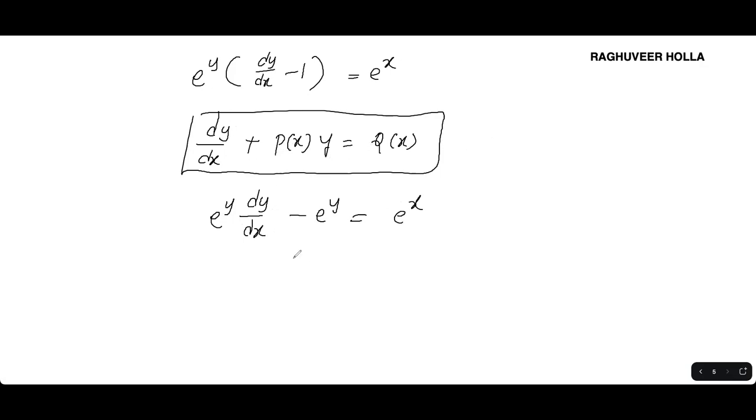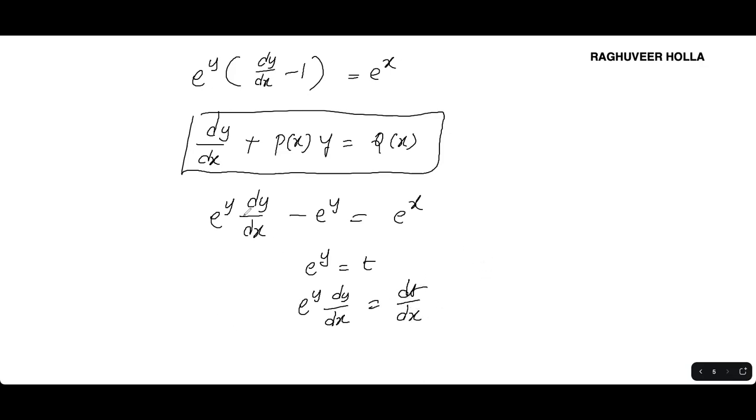So let us substitute e to the power of y as t, so that becomes easier. When you differentiate this with respect to x, this becomes e to the power of y into dy by dx is equal to dt by dx.